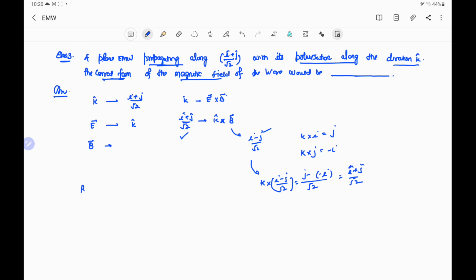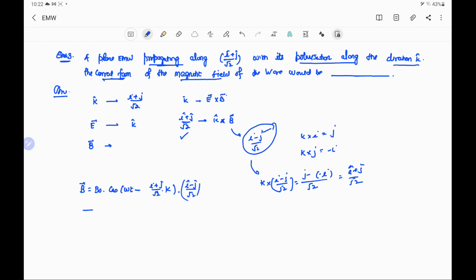Hence, the B will be written with magnitude B naught into cos omega t, because direction of propagation is (i plus j) by root 2, it is in positive direction, so it is minus (i plus j) by root 2 dot r, where k is the propagation constant, and the direction of magnetic field vector is along the direction (i minus j) by root 2.